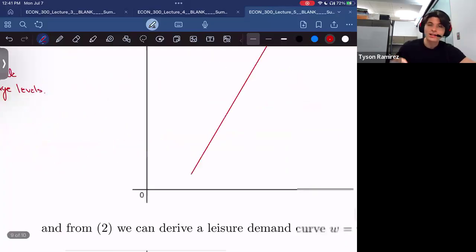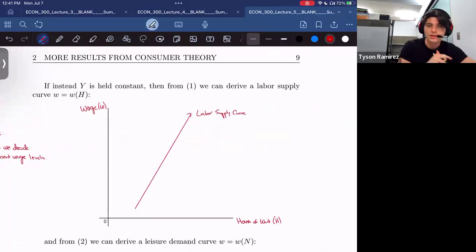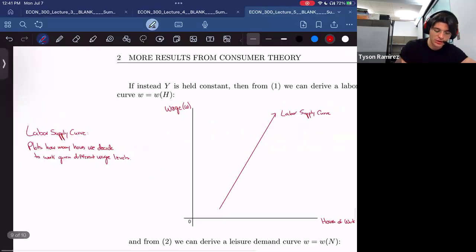Now, the reason why I took a pause for a second is because right here, as I've depicted it to you, is just an upward sloping curve. All right. One of the things is that this need not always be upward sloping.